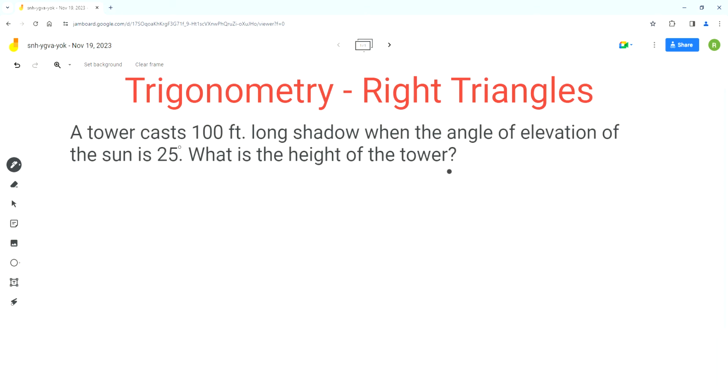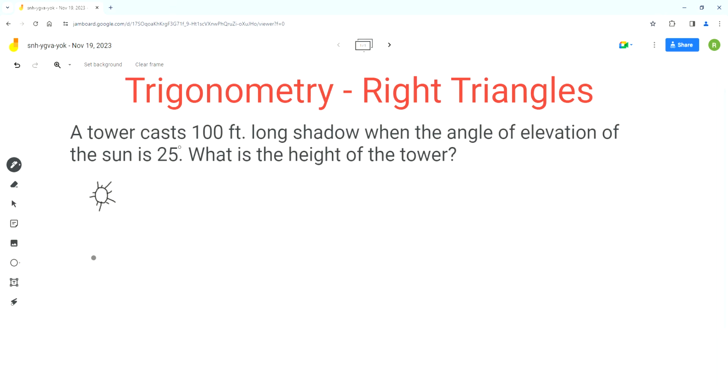So the first step is to draw a diagram. I can show you the details in a diagram. So we have a sun, and the sun is at an angle of elevation of 25 degrees. Now the angle of elevation is basically the angle by which you have to look up to look at an object.